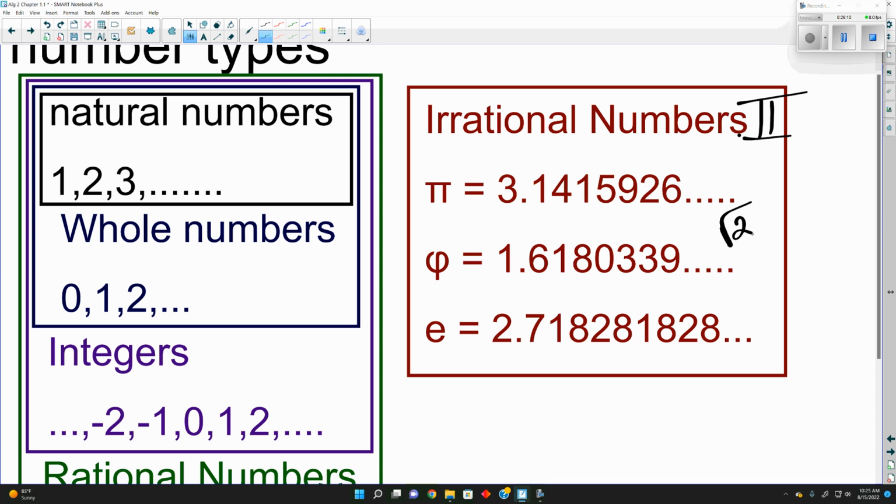Because you guys should know at least one of these 3. Hopefully. Pi. Pi is the one that y'all should know. The next one is phi. It is considered to be the golden ratio.